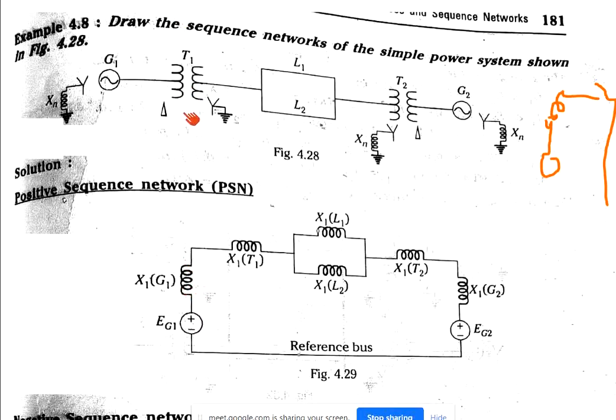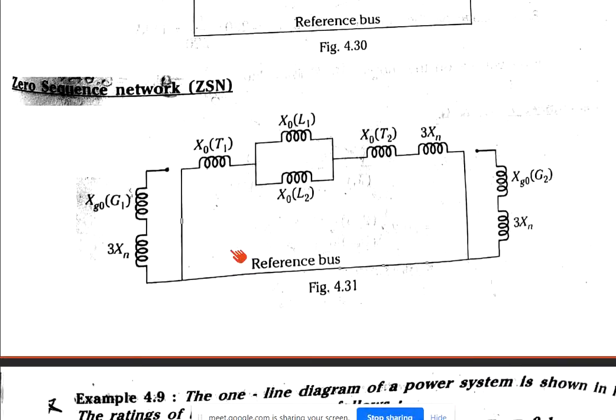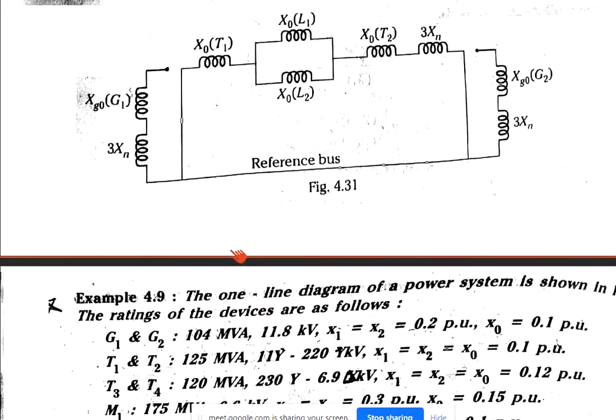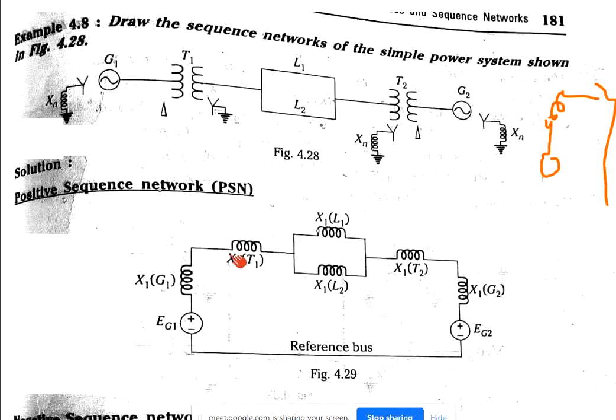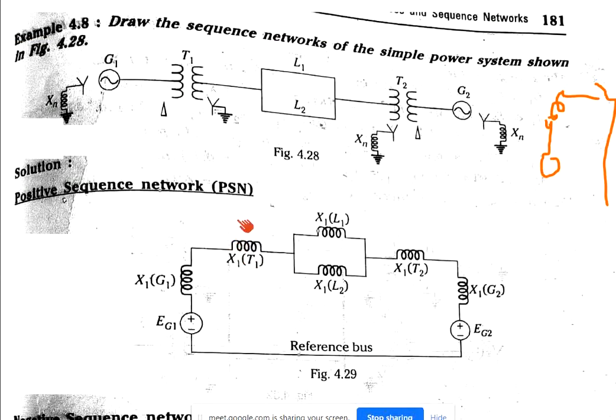Then next, the transmission line. So the transformer is connected in delta and star grounded. So delta means what should be there? Here the next diagram had been given. Yes, so that is zero sequence. So for positive sequence you leave that, only for zero sequence. So the transformer had been connected.